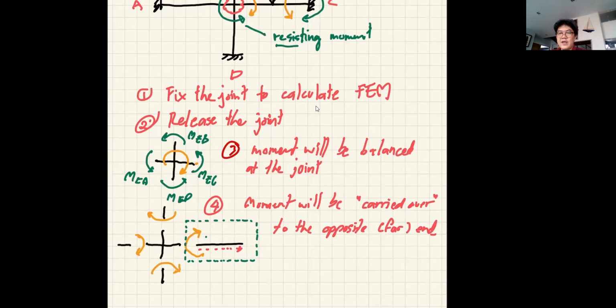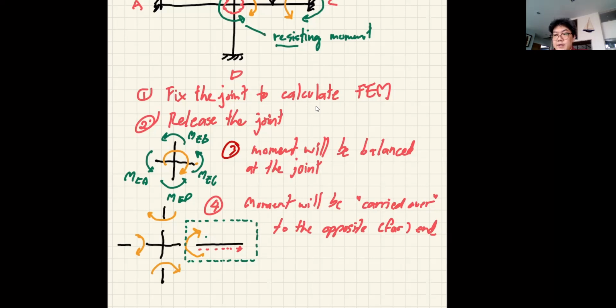Even though not many people use it nowadays because of the computer, I am always amazed by how an engineer, Professor Hardy Cross, could come up with the concept to create the mathematical solution out of the lock and release process.